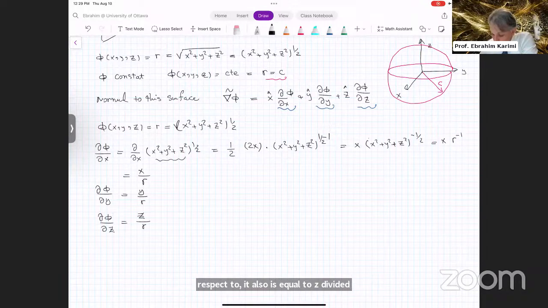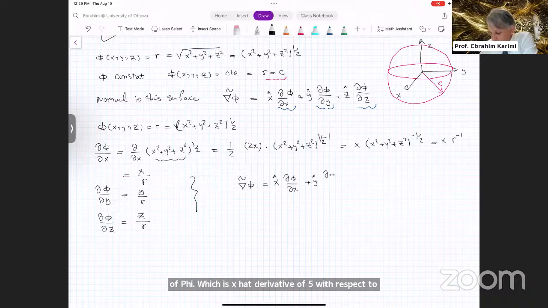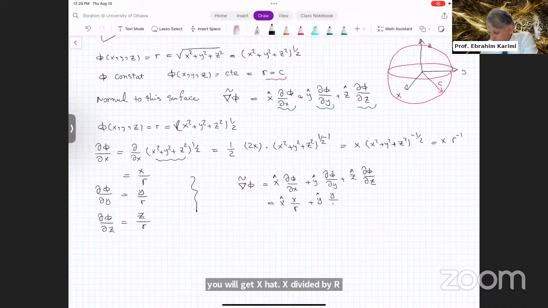So if you replace all of them inside the gradient of phi, which is x hat times the derivative of phi with respect to x plus y hat times the derivative with respect to y plus z hat times the derivative with respect to z, then you get x hat x divided by r plus y hat y divided by r plus z hat z divided by r.